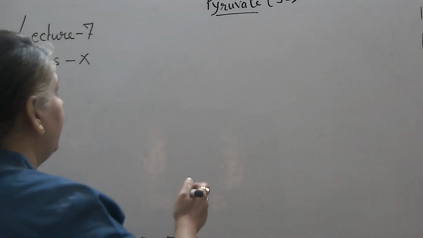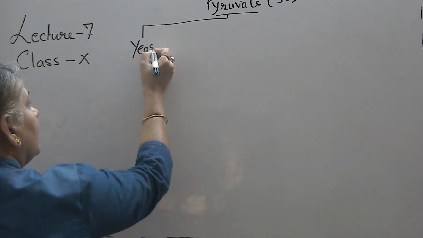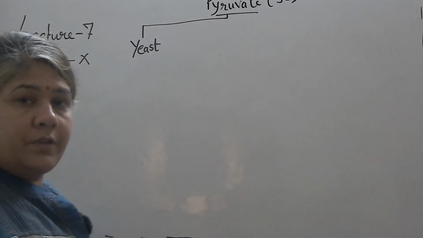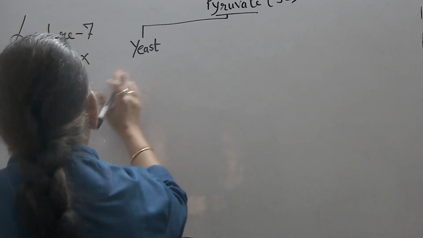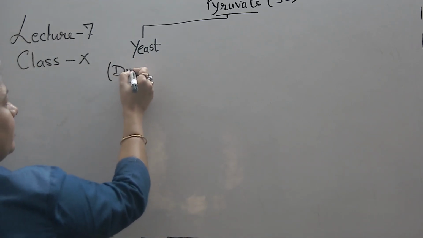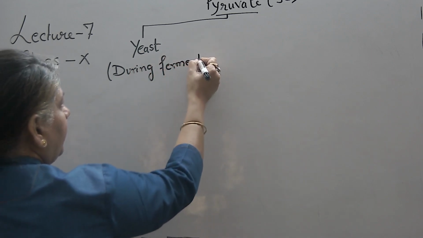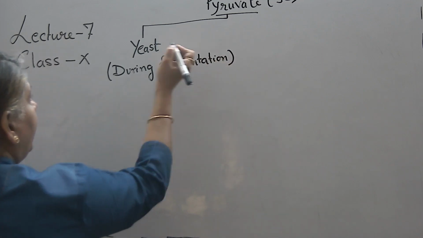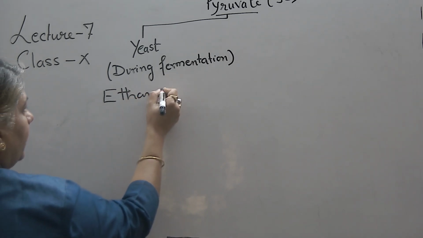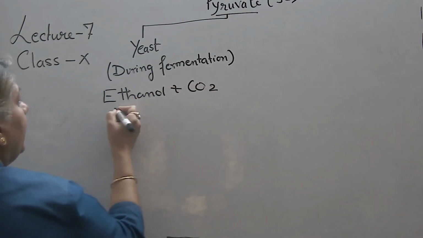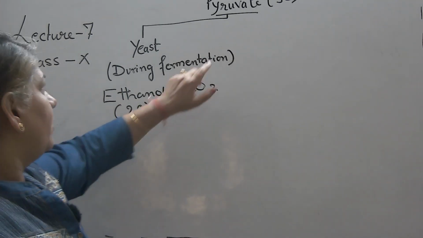In the case of yeast, which shows the process of fermentation, the pyruvate molecule breaks down into ethanol and carbon dioxide. Ethanol is a 2-carbon compound, so 2 and 1 carbon dioxide, 2 plus 1 is 3. It is balanced.